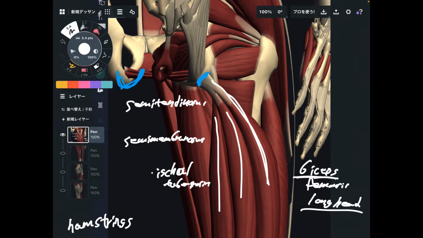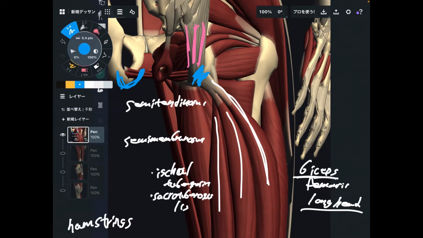Plus, let's look at this connective tissue. This connective tissue is the sacrotuberous ligament. Biceps femoris and semitendinosus attach to the sacrotuberous ligament.